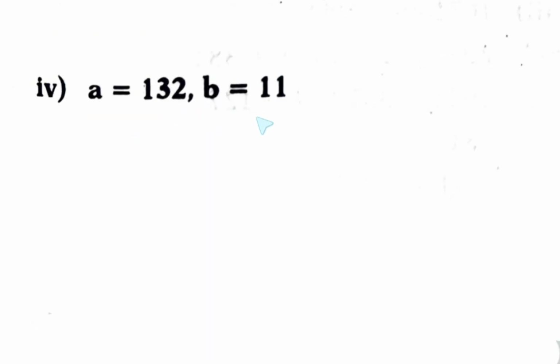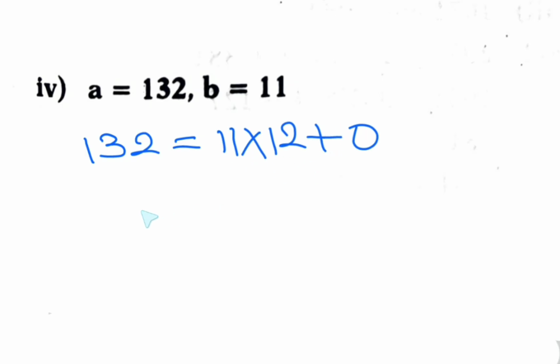A equal to 132, B equal to 11. So 132 is equal to 11 into 12 plus 0.